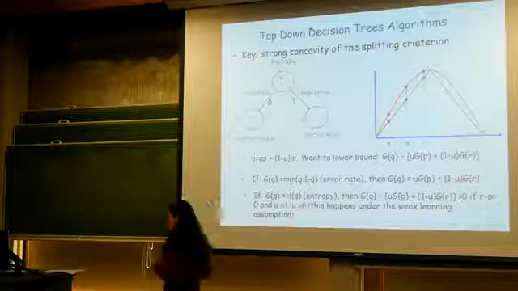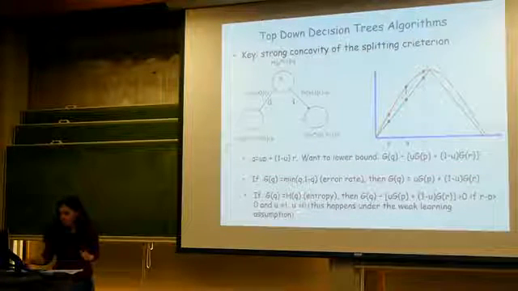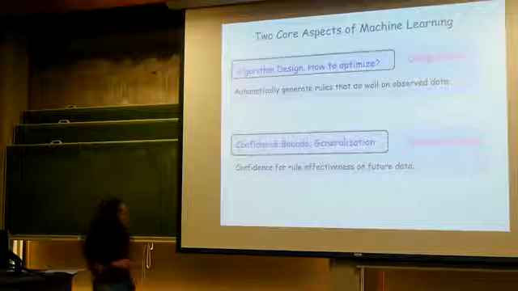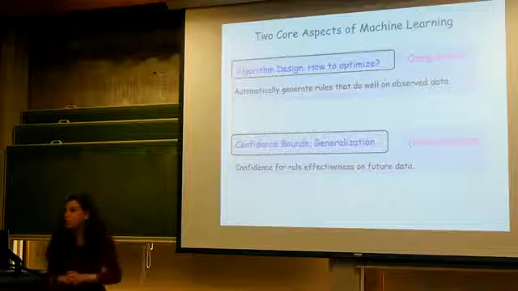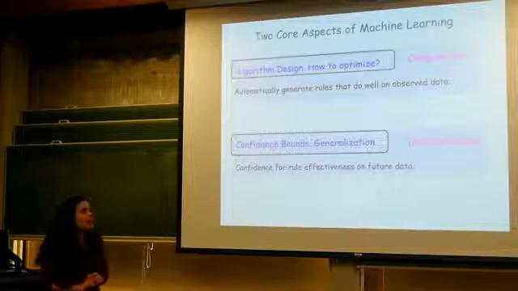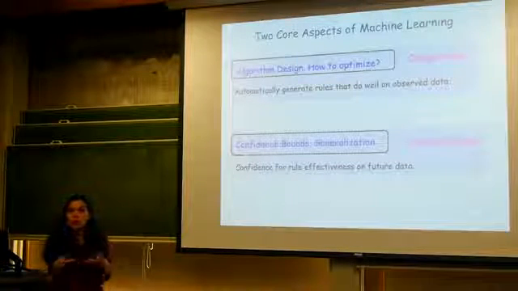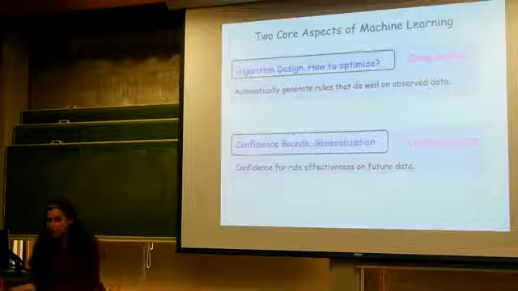I'm not going to go through this because it's a bit too much right now, but to sum up, I think this is the most important part of this discussion: the two key questions that we care about in supervised machine learning are, first, the algorithm design question: how can we generate rules that do well over the training data, and do this fast, in polynomial time, as efficiently as possible.